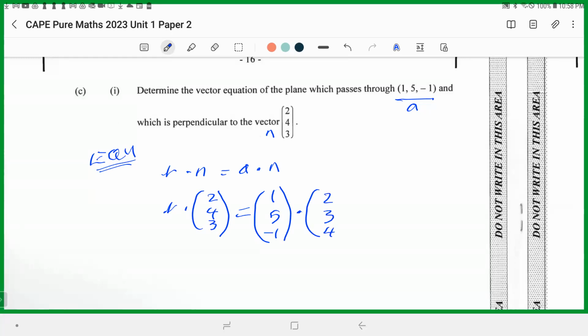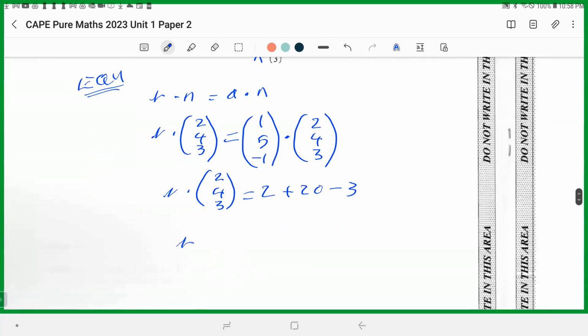So it becomes R dot 2, 4, 3 equal, and I'm working out the scalar product now. So 1 times 2 is 2, 5 times 4 is 20, and then -1 times 3 is -3.